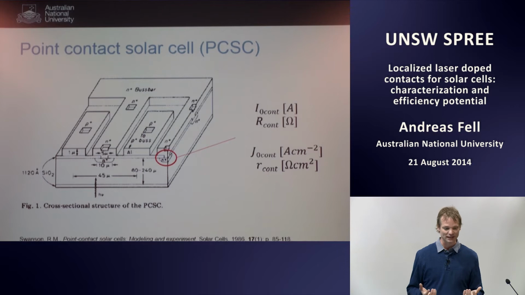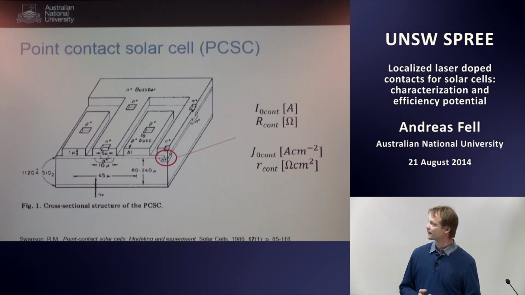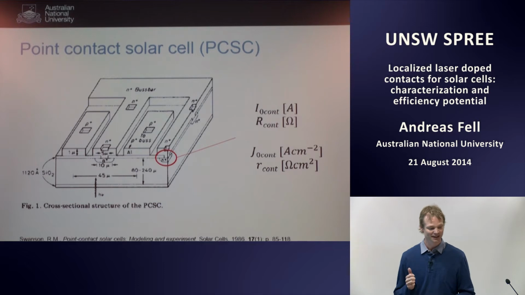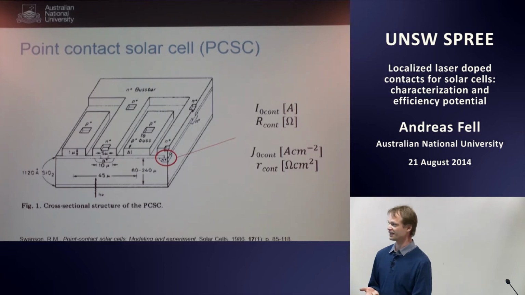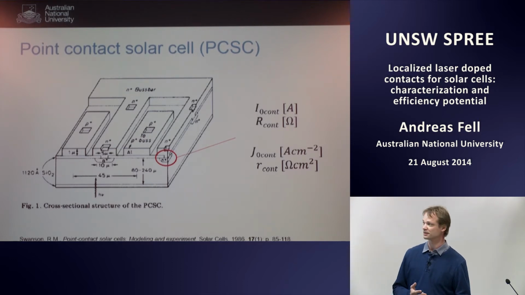In reality, it doesn't have to be like that. Anyway, the really decisive properties of the contacts, that's what I want you to take away from this slide, are the recombination property, the contact resistivity or contact resistance, and the size of the contact, which is also important for the size because it influences carrier crowding effects inside the device.